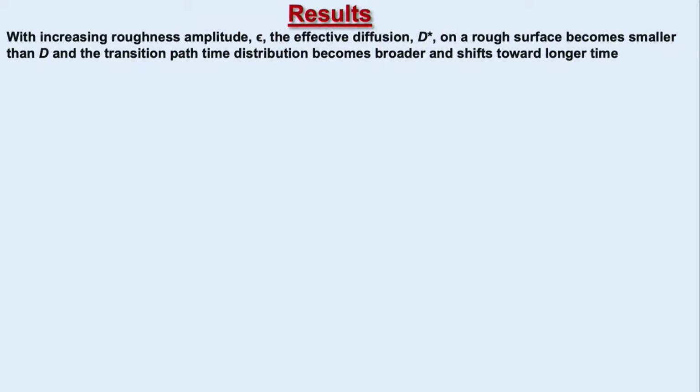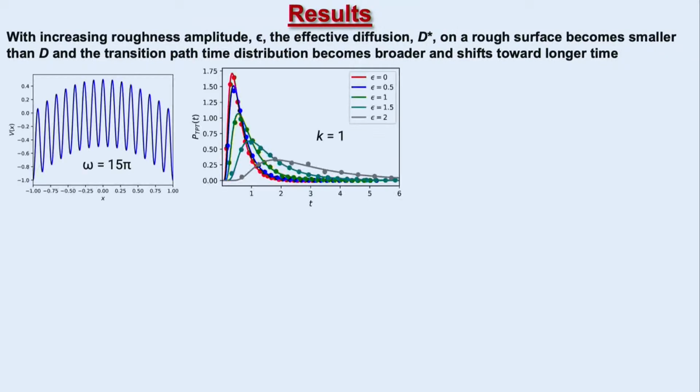So, we found that with an increase in the amplitude of the roughness, the particle is more stuck in the microstates along the transition path, which makes the distribution broader and shifts it towards longer times.